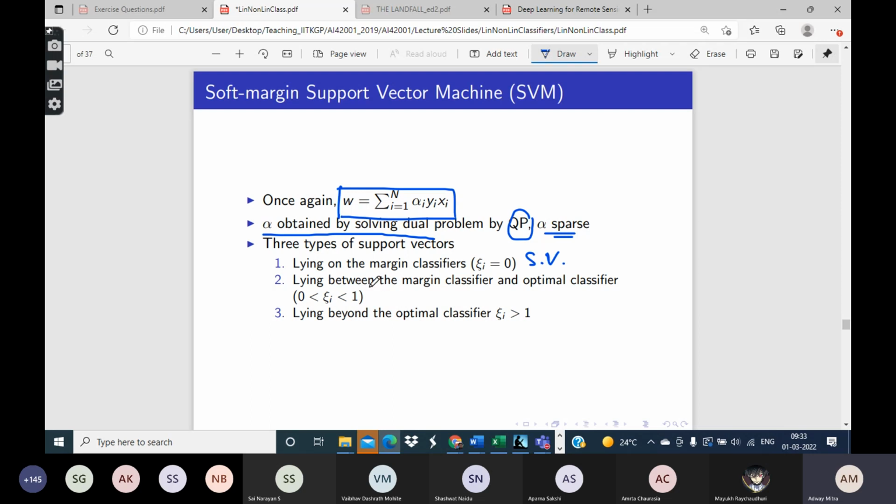Then there are points which are lying between the marginal classifier and the optimal classifier. That is, the optimal classifier correctly classifies them, but the marginal classifier misclassifies them. So for them, xi will be between 0 and 1. And then there are points which are completely misclassified. That is, they lie on the wrong side of the optimal classifier itself. For them, xi is greater than 1.